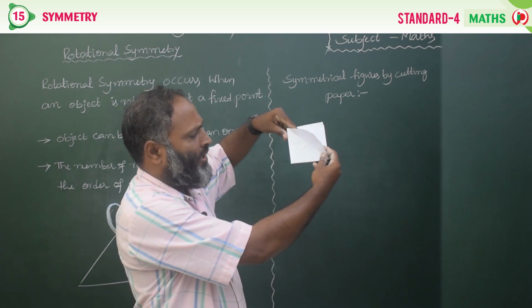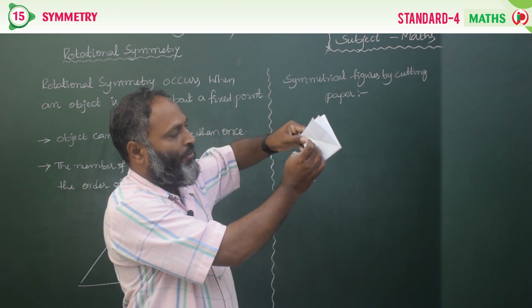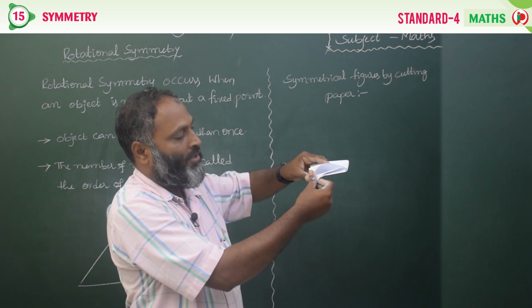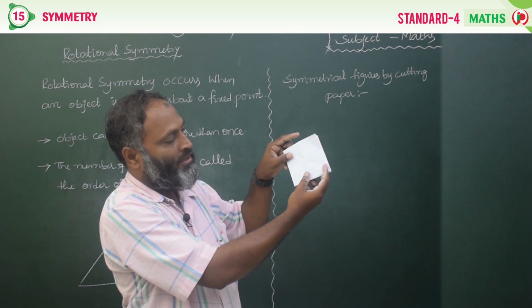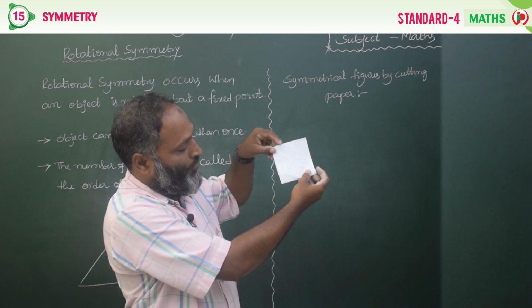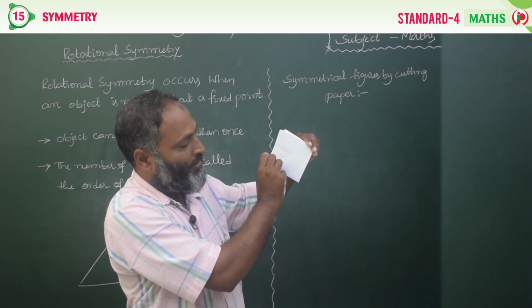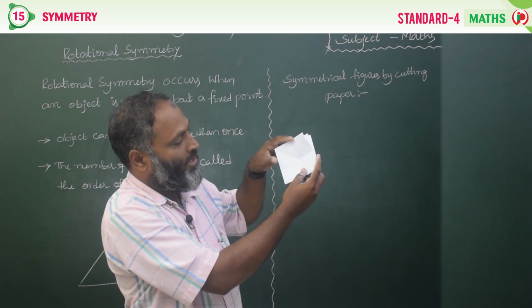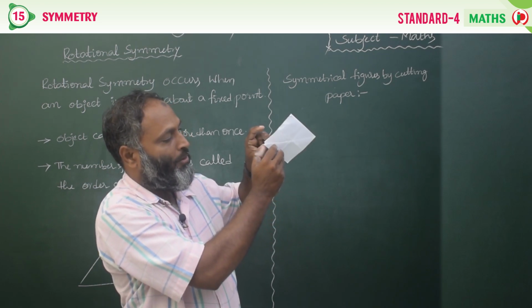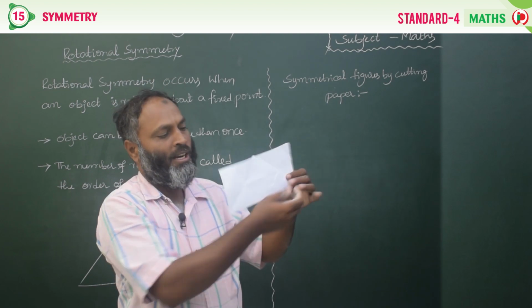Your fourth step, after forming this square: fold like this, and turn and fold like this. First it is a square form after folding twice. Then you fold like this, then fold a half turn, then again fold this side, then open it, and you will get like this.